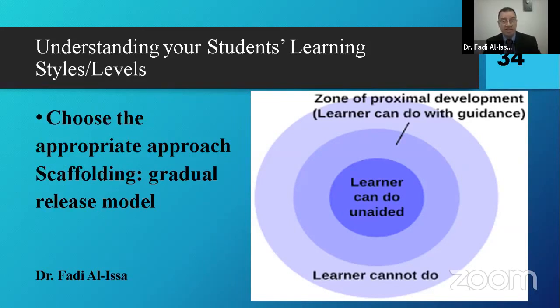The gradual release model is where the teacher models the new skill, what is to be learned, and then the teacher asks the student to join in modeling the thing. And then at the end, the teacher asks the student to do it by themselves. And that's why we call it gradual release.